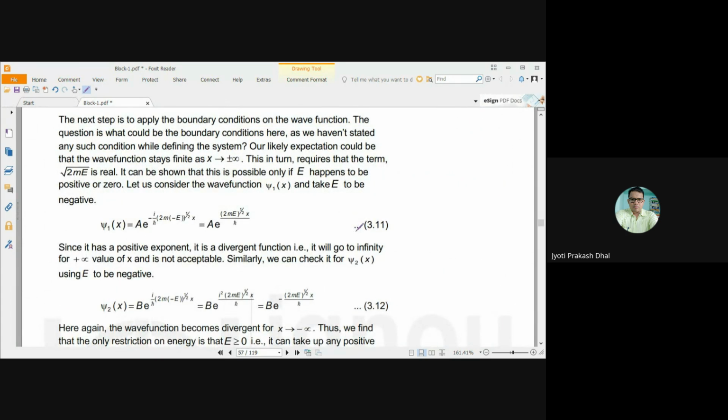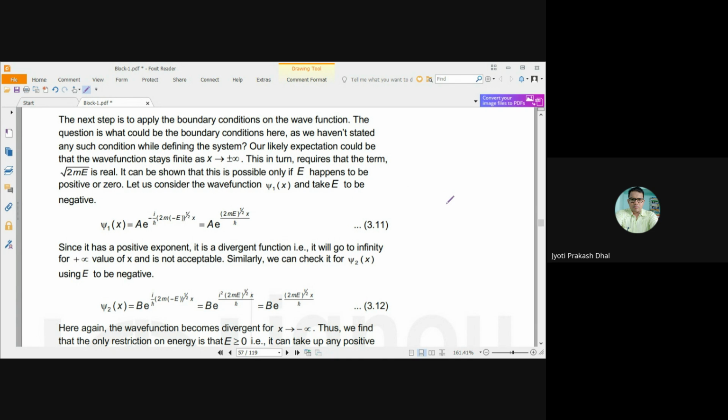So here we have solved the wave functions associated with the free particle moving along the x-axis, and the next step is to apply the boundary condition on the wave function. The question is what could be the boundary condition here, because there is no boundary and the particle will move freely.